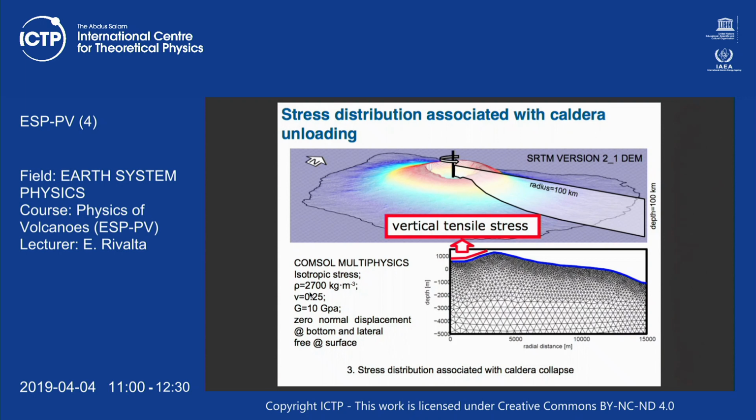But then what happens? You have a lot of processes. You have earthquakes releasing some of the shear stresses, and you have intrusions. Every time you have a magma intrusion in the volcano, you basically orient the intrusion according to sigma 1 and sigma 2, and opening against sigma 3.